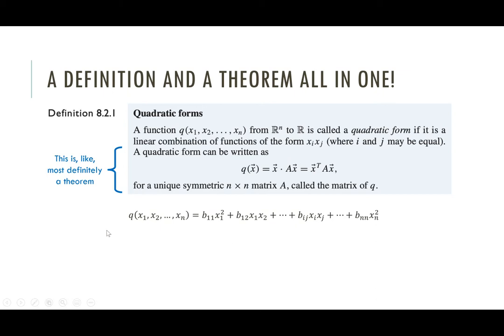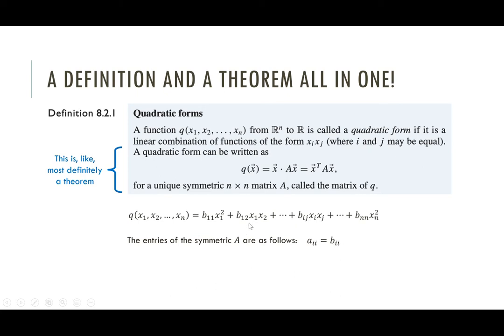This theorem is true. So the entries, I claim, of the symmetric matrix are going to be as follows. Along the diagonal, your a_ii in your matrix A, just make that the entry b_ii, so make it the coefficient of the pure squared terms.